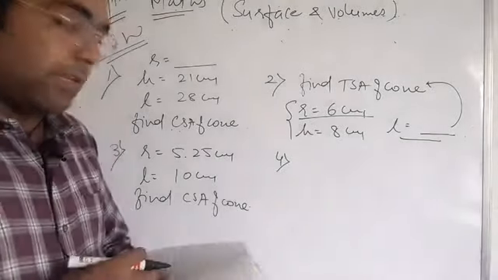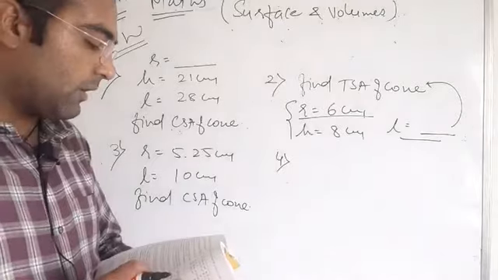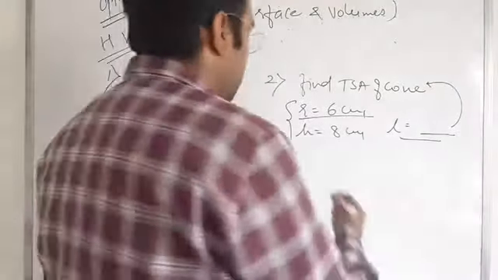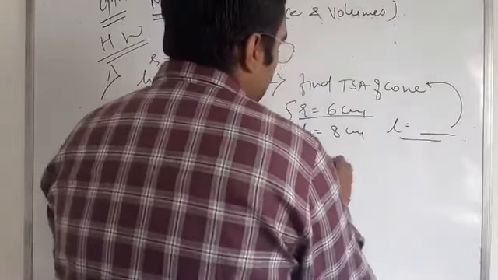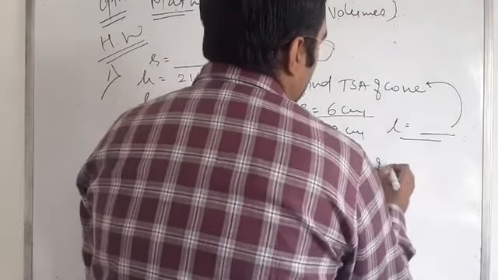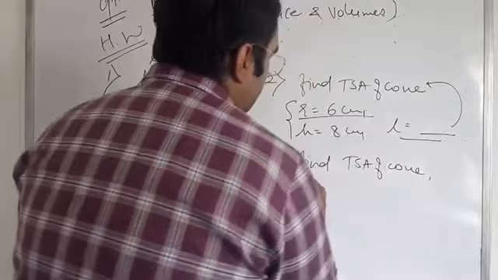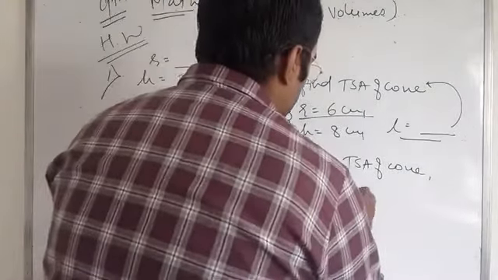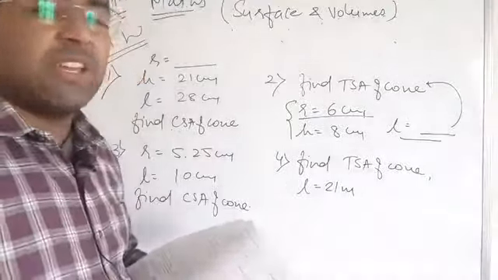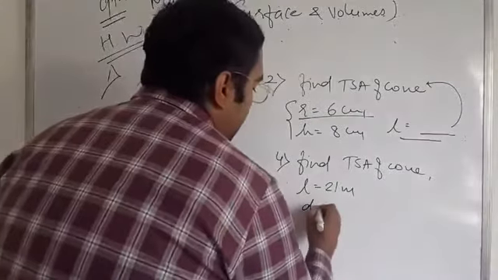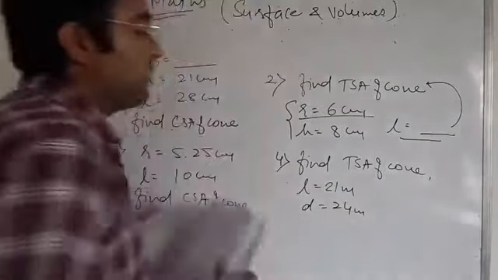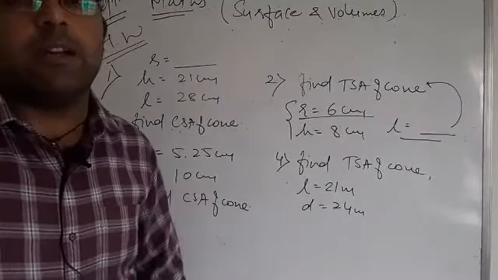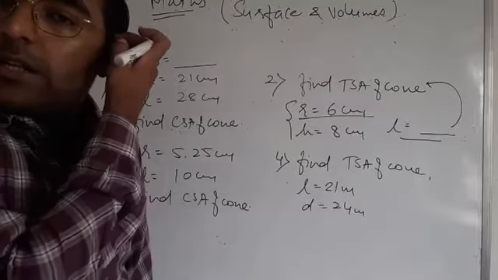Next, the fourth one: find the total surface area of a cone if the slant height is 21 meter and the diameter of its base is 24 meter. Students, you must know that in the formula we take the radius, we can't take the diameter.